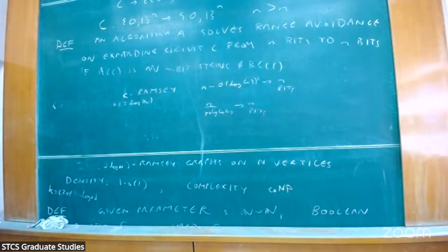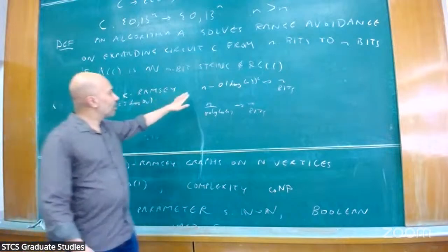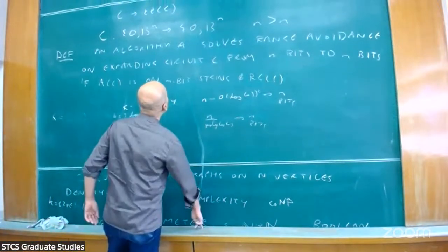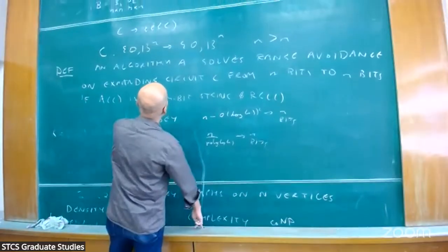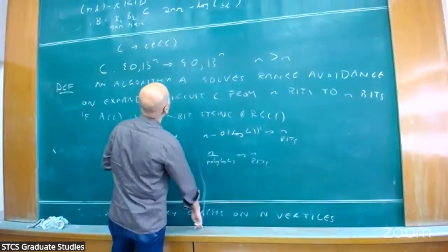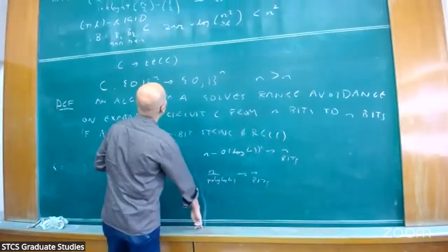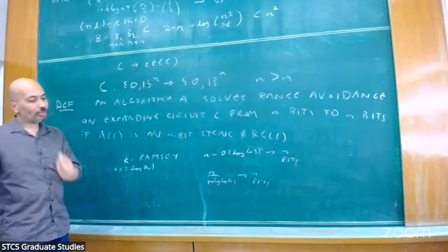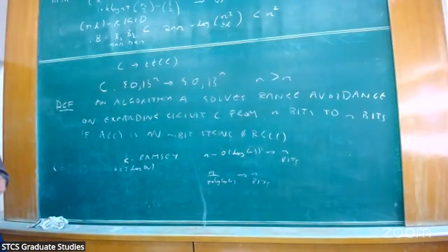So in K Ramsey, what will be the input here? I gave you these decompression algorithms, and I'm going to think of each of these decompression algorithms as a circuit. Each decompression algorithm, from a compressed representation, computes something that's not satisfying the property.